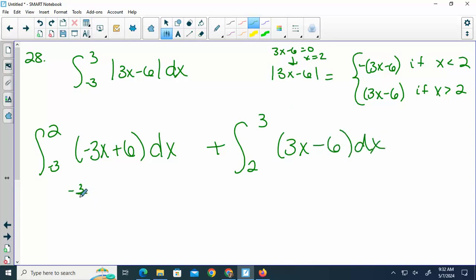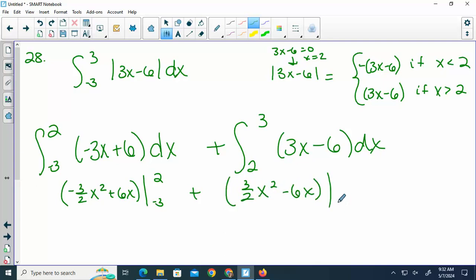So the antiderivative, -3 halves x squared plus 6x, from -3 to 2. Over here, same thing, just opposite signs. Okay, so then we plug in our stuff.